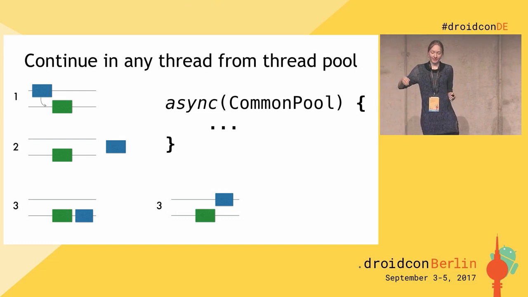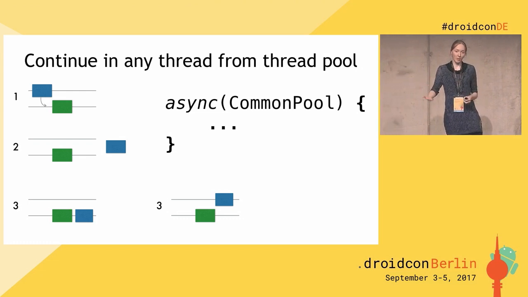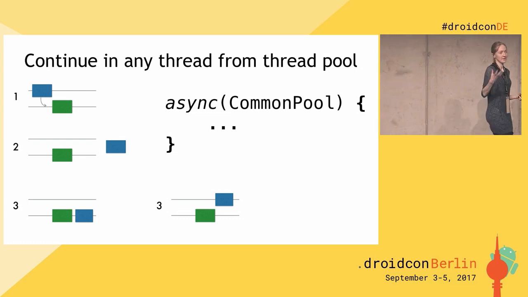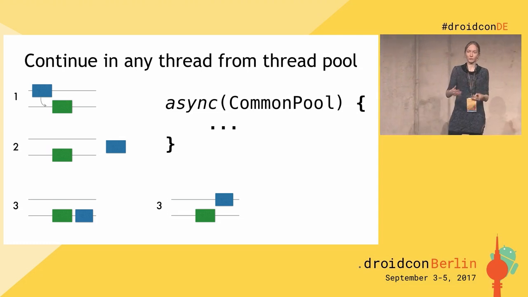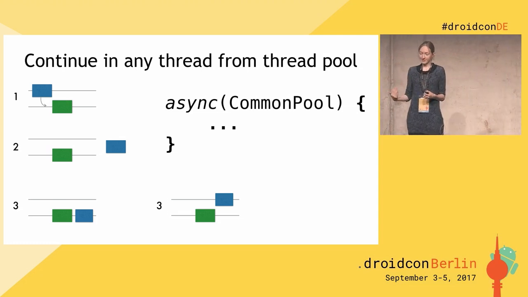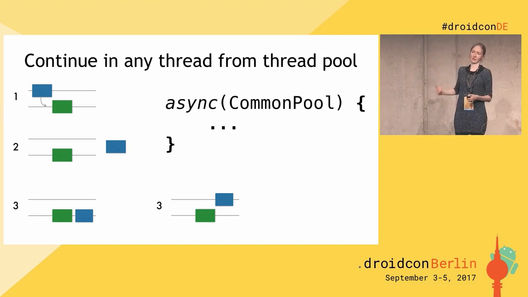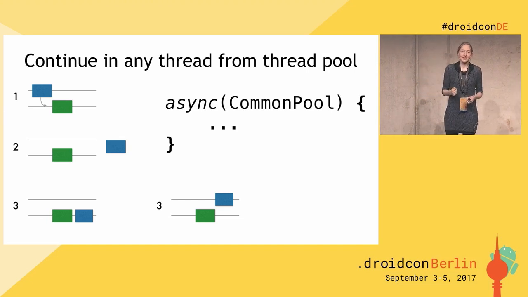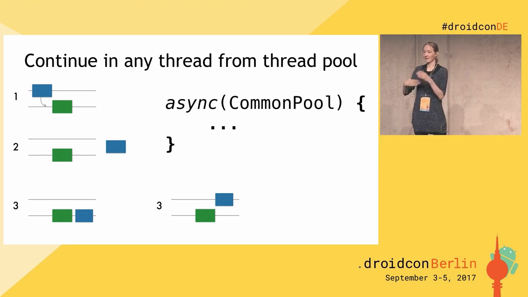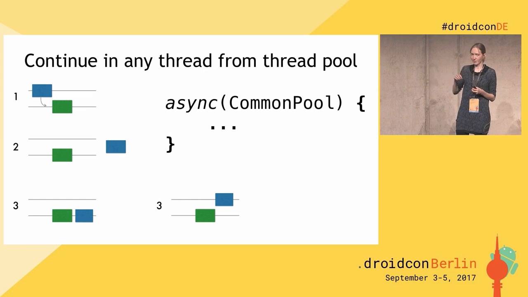And here we can use the common pool that contains the regular fork join pool under the hood. And that means that your coroutines can be started and continued on any available thread. And here you can see that coroutine can be started on one thread and continued on another thread, which is free at the point. And that means that coroutine saves all the state to be continued, so the state of all the local variables, etc.